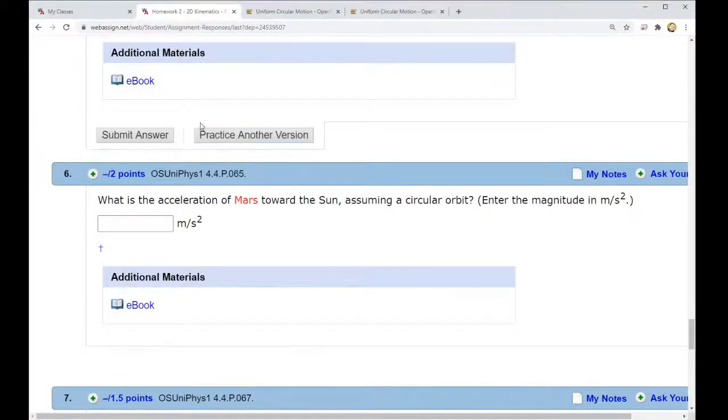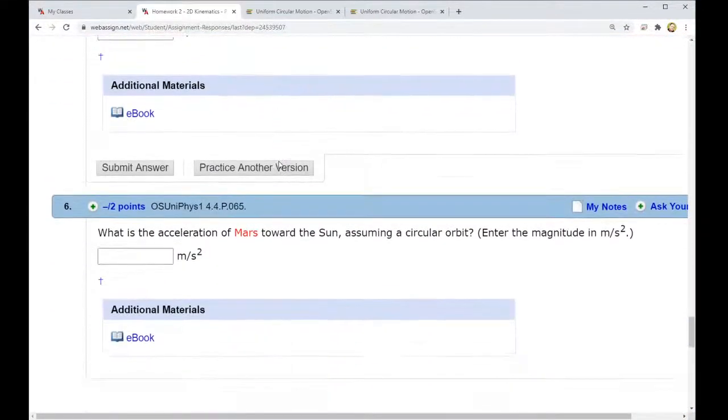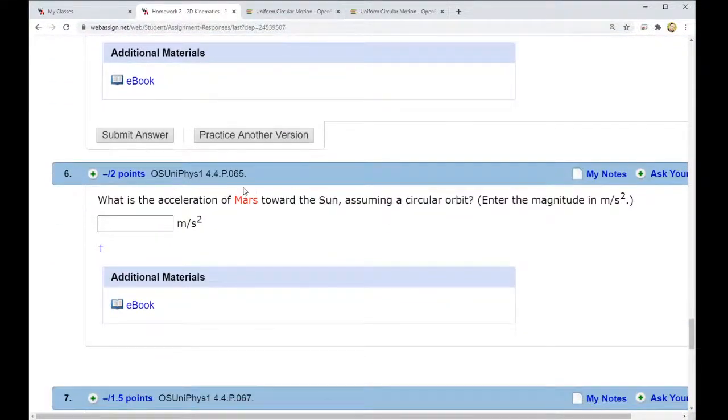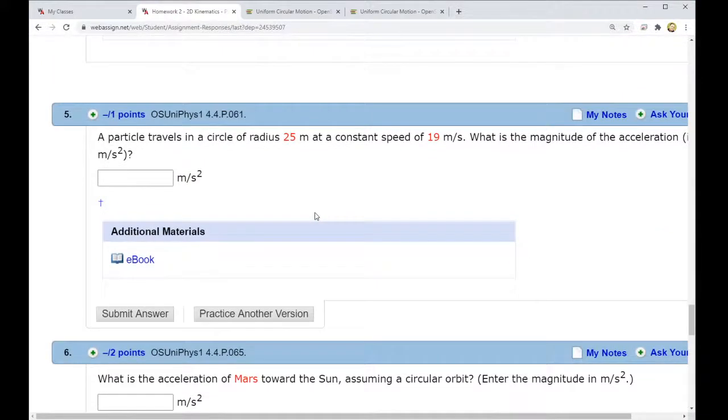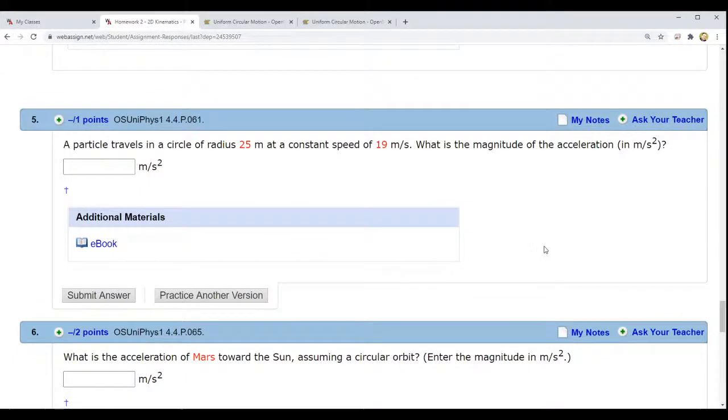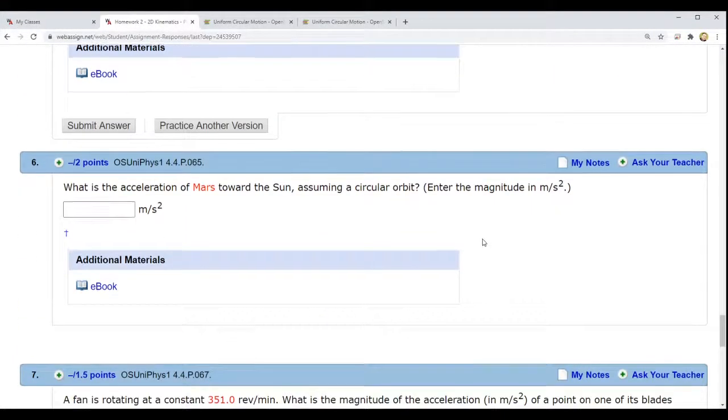But let's take a look at one of these homework problems and see if we can figure it out. I'll save that for you. I mean, these problems are pretty easy.